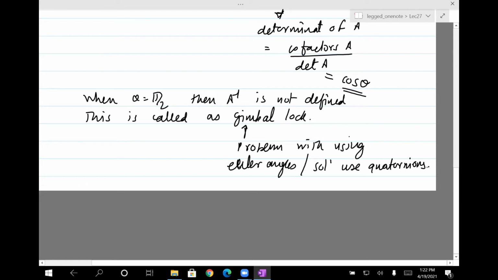People use quaternions all the time, but in some cases you don't have to worry about this problem, because in some scenarios your rigid body undergoes rotation where theta is never equal to pi by 2. In the case of humanoids and biped robots, we never really have a crazy tumbling motion where we hit theta equals pi by 2, so by far we don't have to worry about gimbal lock.